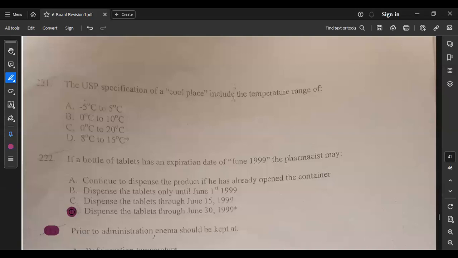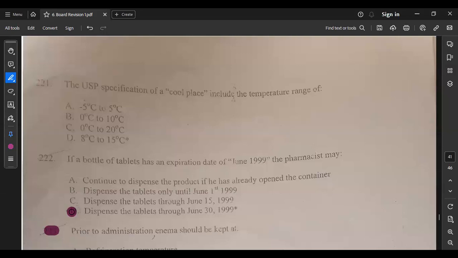I thought it has up to 3 months, or dispense up to that. Question 221, the USP specification.